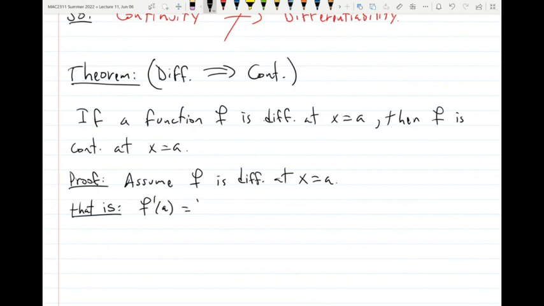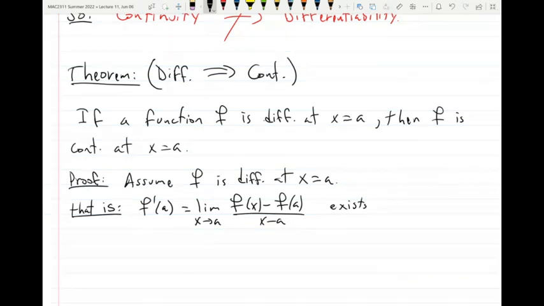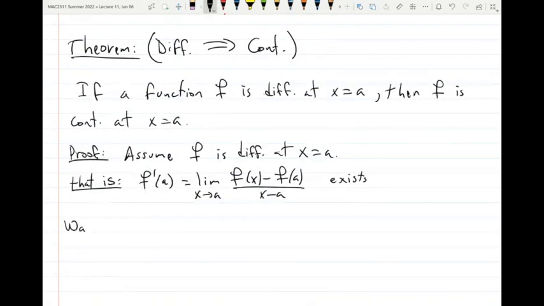That's what it means to be differentiable. In other words, the limit as x approaches a of f of x minus f of a over x minus a exists. It equals a number that we call f prime of a, okay? That's what we are assuming.